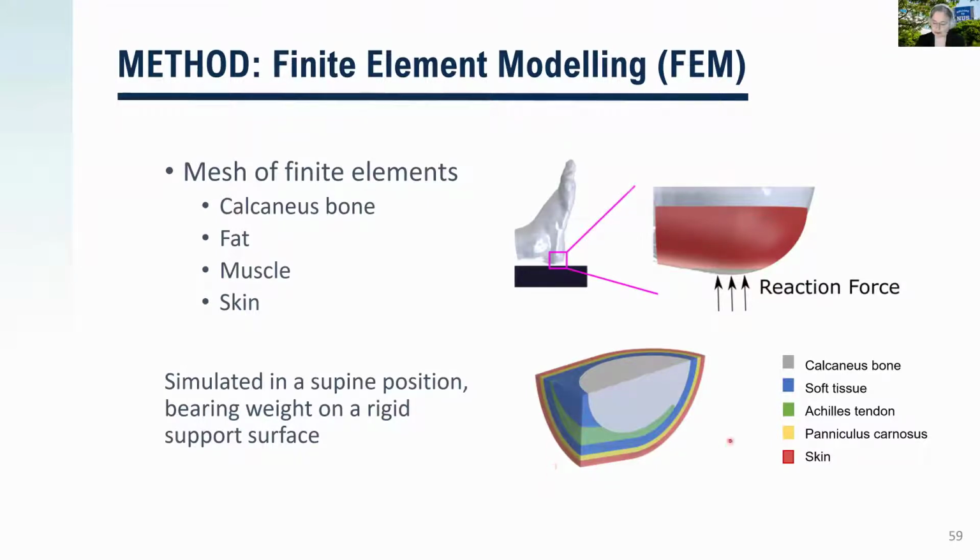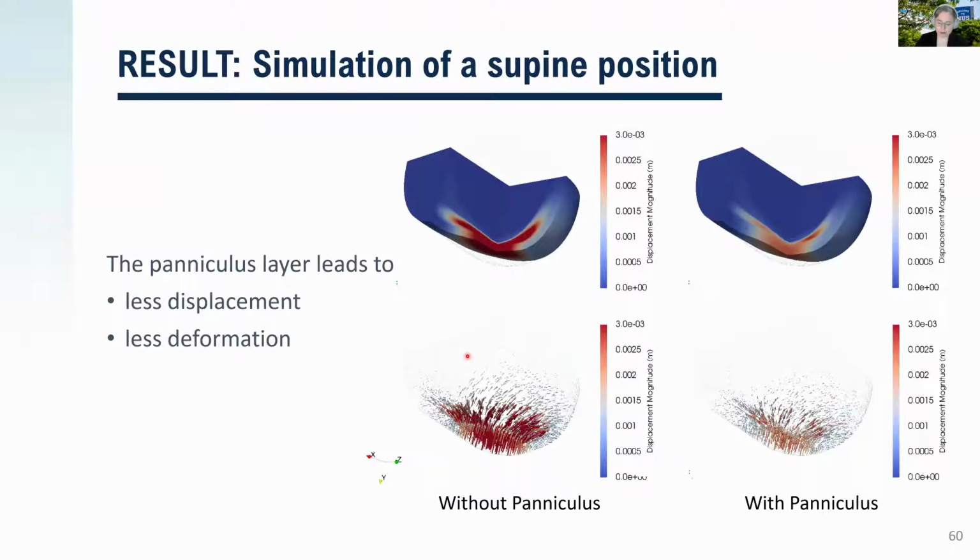If it's not the panniculus layer, then we just add the mechanical properties of soft tissue, so soft tissue would just be thicker. We do that side-by-side comparison of a simple biomechanics model.